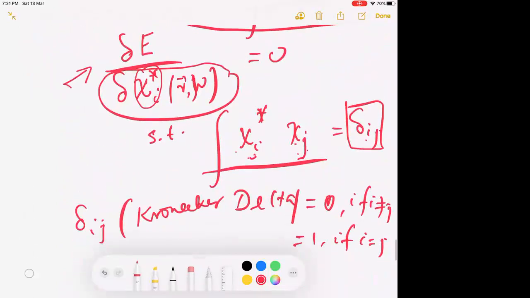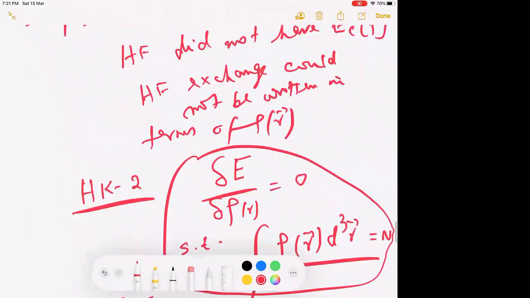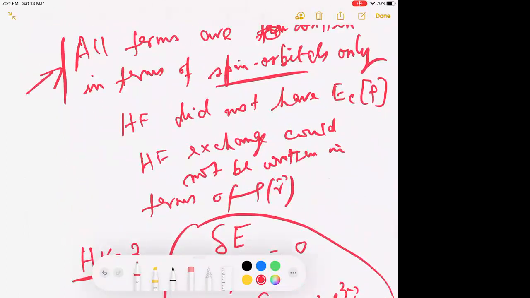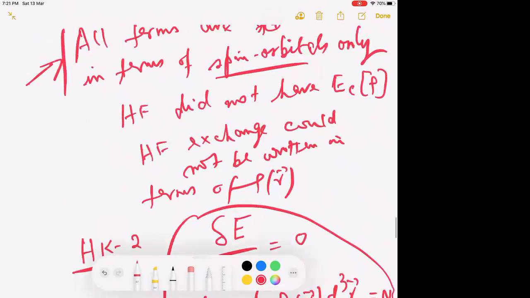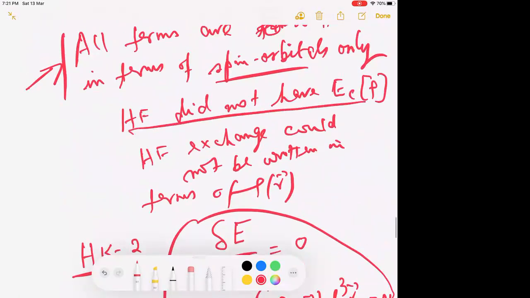Because of the fact that I'm writing everything in terms of spin orbitals, it actually becomes like Hartree-Fock. Now there is no difference from Hartree-Fock, except that I have a correlation part, which is different from Hartree-Fock. I don't know how to write it, but formally I have.